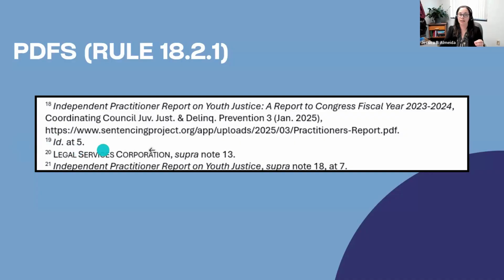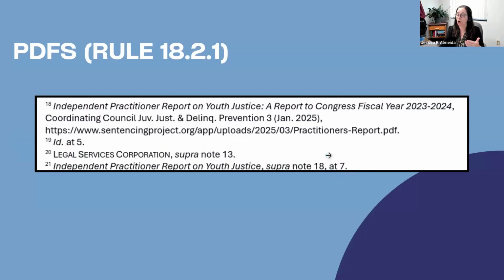Now notice that there is another source that's being used for footnote 20. So that means when I go back to cite it again in 21, I have to do a supra note. Because there was no author, I used the title and I used the same format, so it's italicized, comma, supra is italicized, note 18, comma, at 7. 7 is my pin cite.